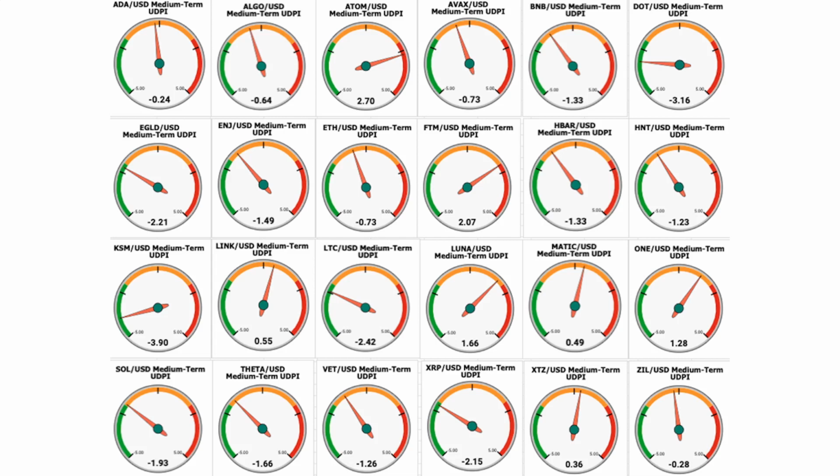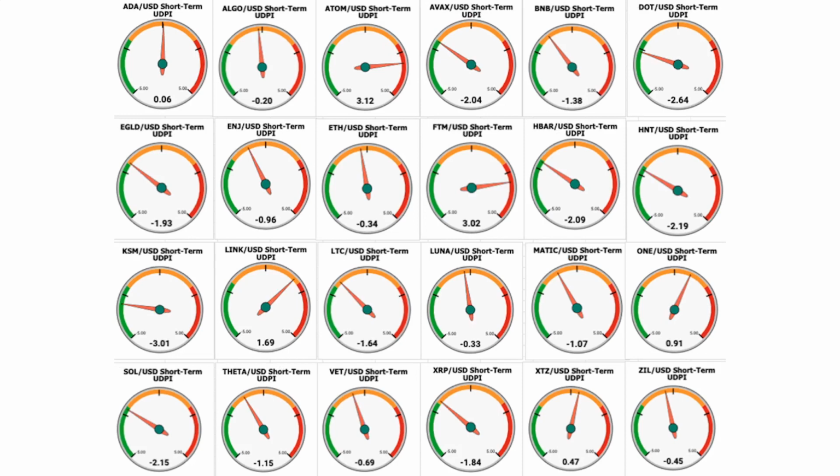That's Atom at 2.70, and to some degree also Phantom at 2.07. So on the long term, we see some very low risk readings, not really much high risk. On the medium term, we start to see both low risk and high risk readings. On both, there's quite a bit of variability between these assets in terms of their level of risk.